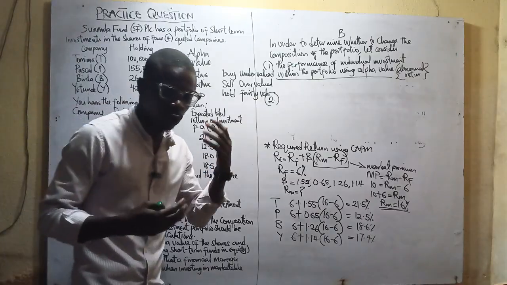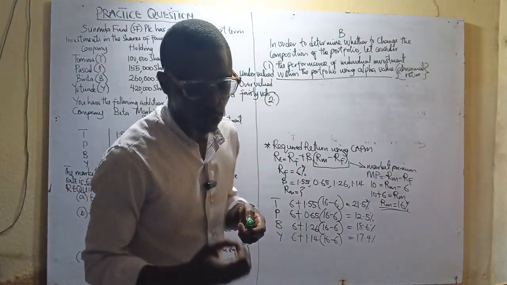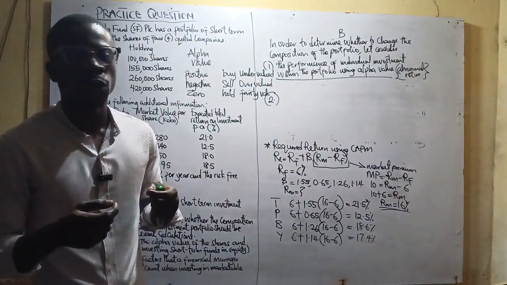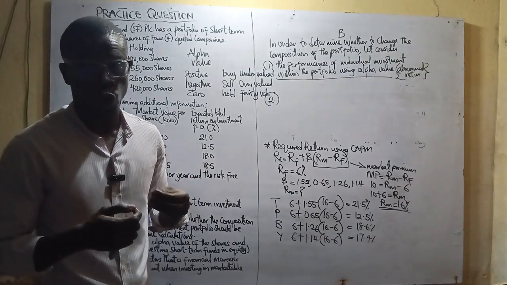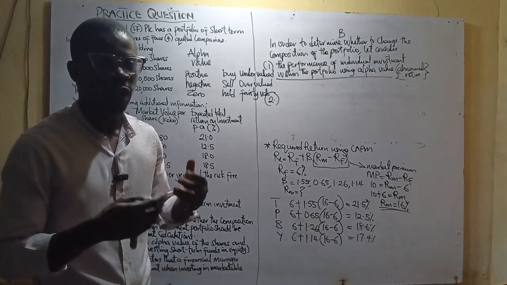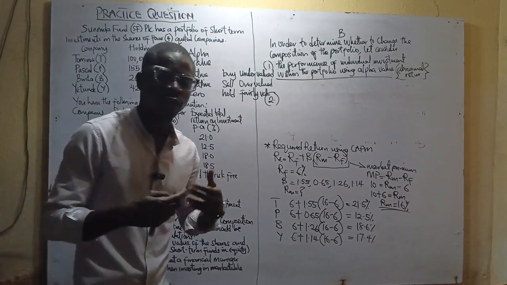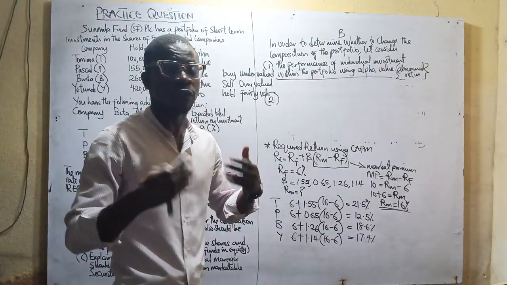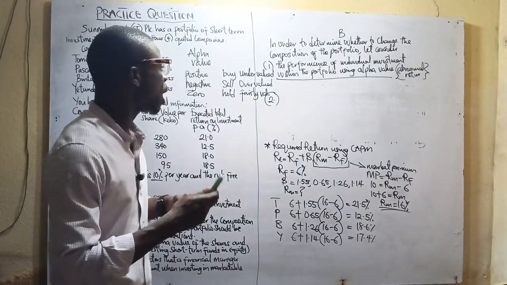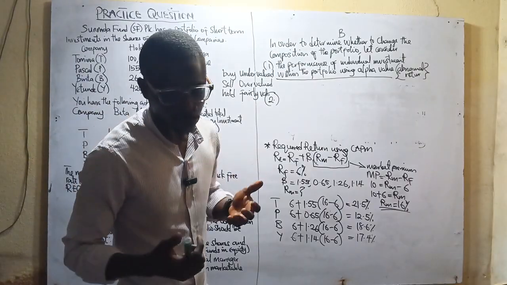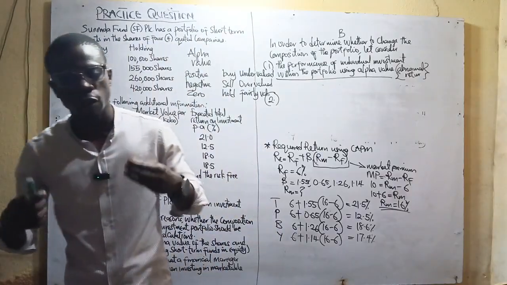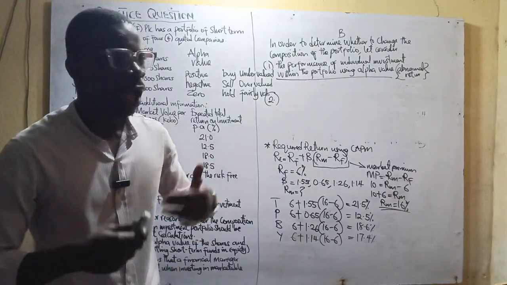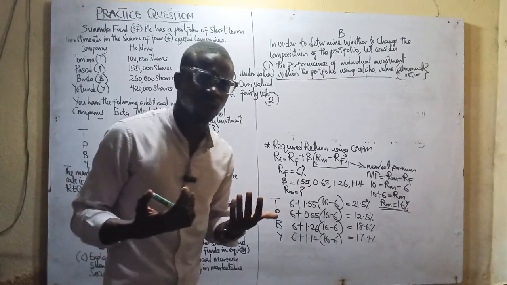It is not ideal, not logical for an investor that wants short-term investment to choose equity. So you all agree with me that equity is not the most suitable investment for short-term purposes.